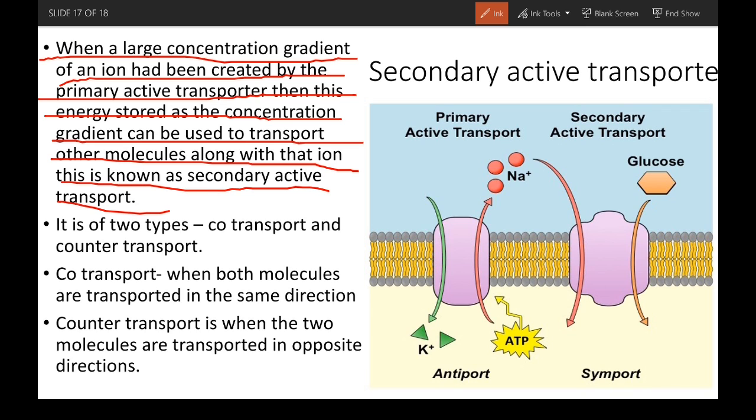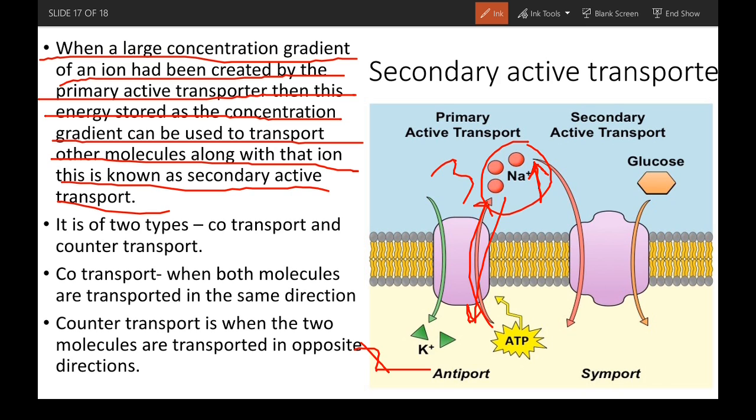So as we can see, the primary active transporter, which is here, is the sodium potassium pump, which carries 3 sodium outside and 2 potassium inside, right? By this, a high sodium concentration gradient will be created outside, and according to the law, it will always try to move inside of the cell because its concentration is higher outside.